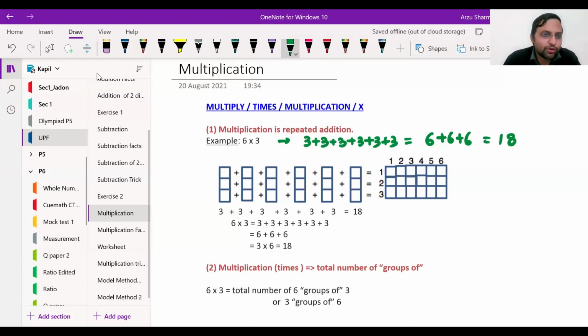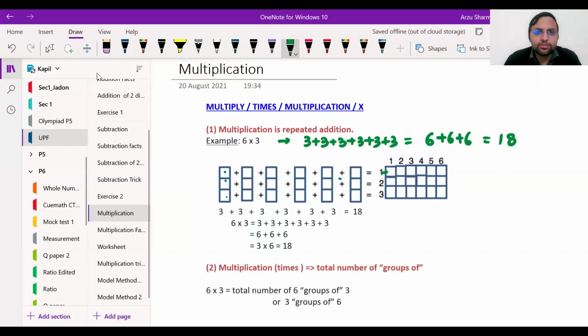So you can also visualize this using boxes. 6 times 3, so you can imagine 6 boxes and each box has 3 parts. Or you can imagine 3 boxes and each box has 6 parts, something like that.